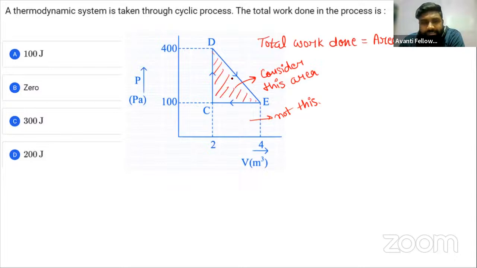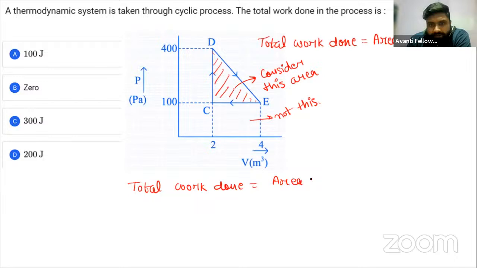So clearly it has been seen that this area is nothing but a triangle. So total work done here will be the area under the PV curve, which is 1 by 2 base into height.